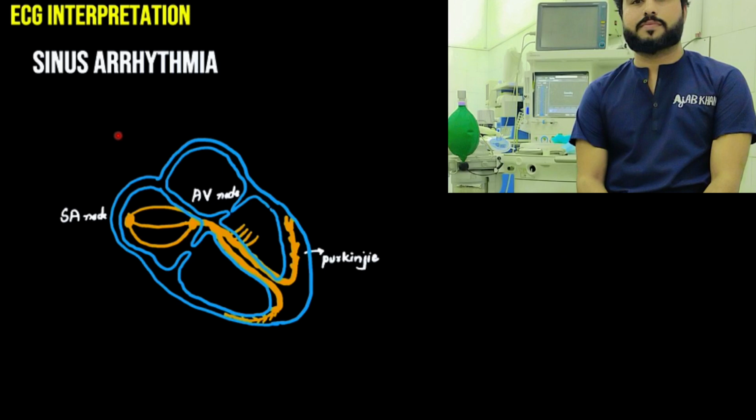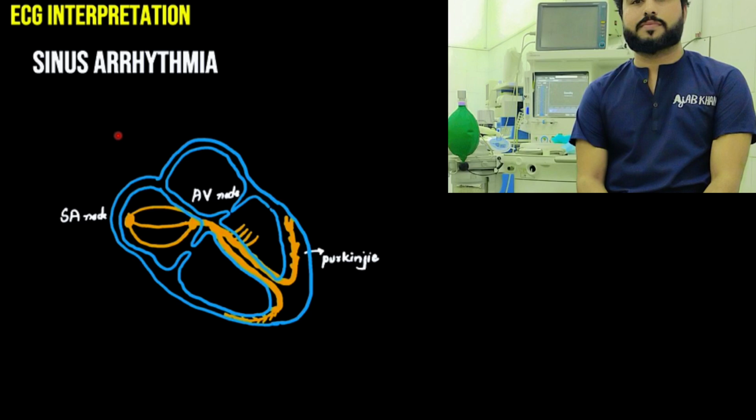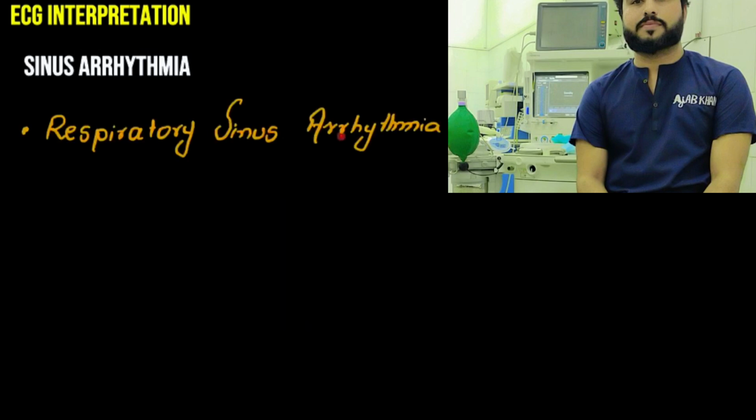And when we exhale the air, the heart rate physiologically decreases. This change in SA node firing, increasing during inspiration and decreasing during exhalation, is a normal physiological phenomenon, and that is called respiratory sinus arrhythmia.